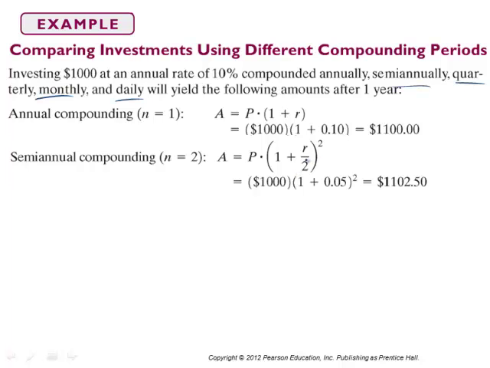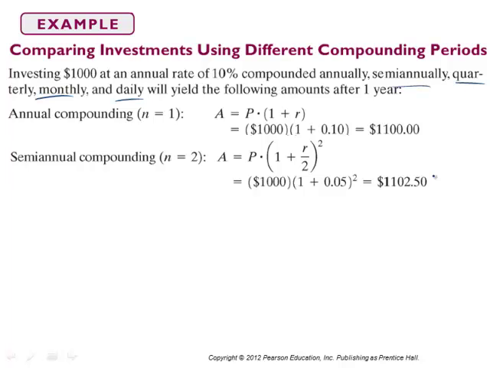So that's why you have the divisor of 2 and the exponent of 2. And then you plug in the 0.10 for R and the $1,000 for P. And you end up with $1,102.50. A little bit higher of a balance compared to the annual compounding.